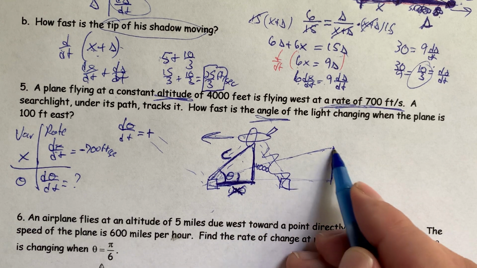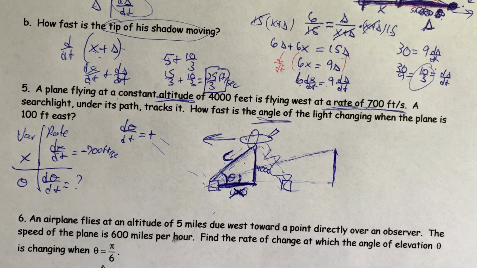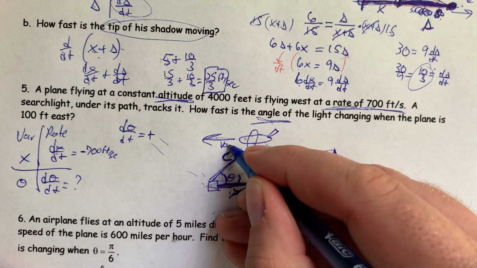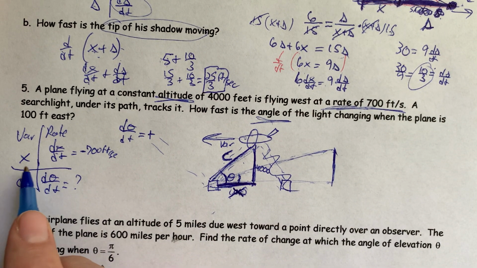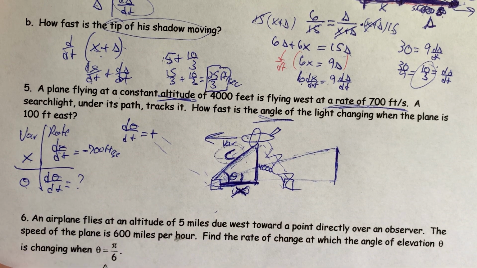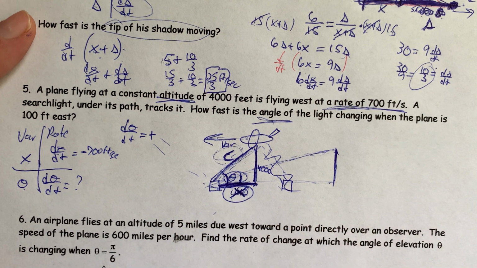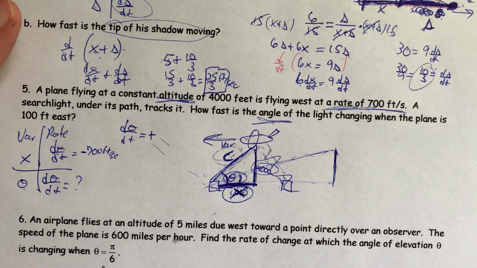As the plane is moving, this hypotenuse length is clearly very different than this hypotenuse length. The hypotenuse is changing, so this is a variable. When I come up with my equation, I want a relationship between x and theta, but I can't have c in it because I don't have dc dt. So I need a relationship between x and theta, and I'm allowed to use this constant if I want.